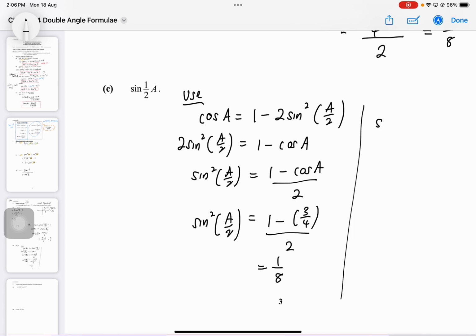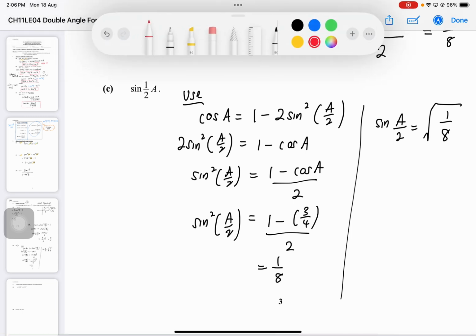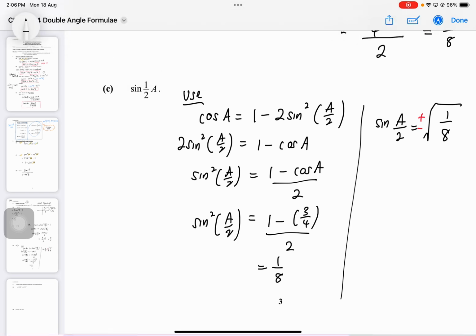For me to find sine A over 2, I square root it, and I need to put a plus minus. Very important. I must put the plus minus. So sine A over 2 equals plus minus 1 over root 8.